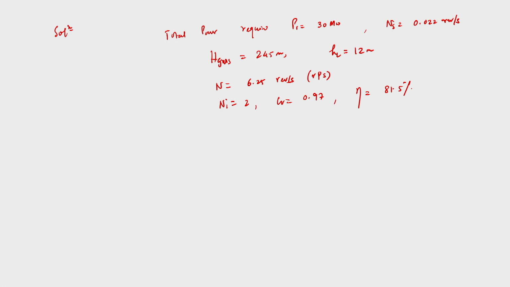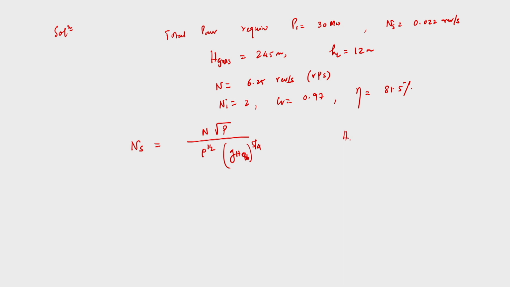So, we know the specific speed of the turbine is equal to N root P divided by rho to the power half, root gH effective to the power 5 by 4. H gross is given.